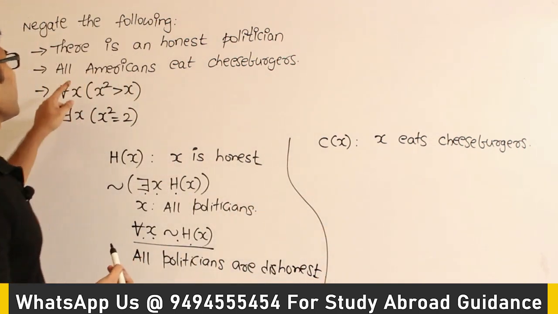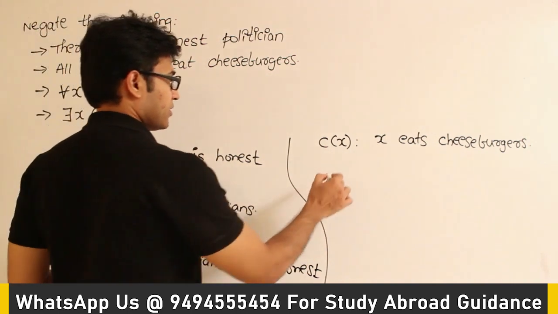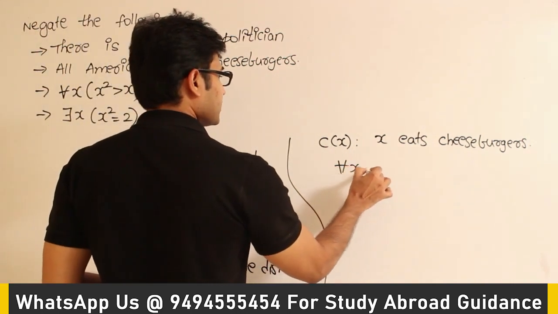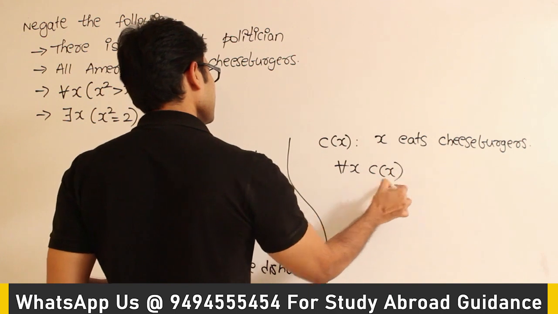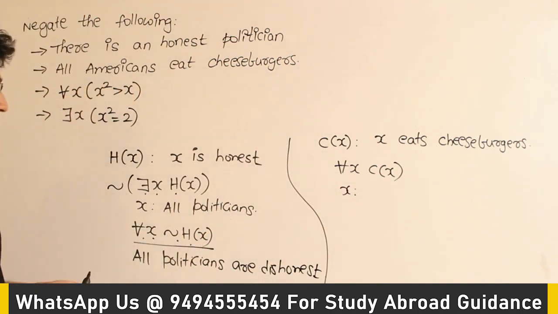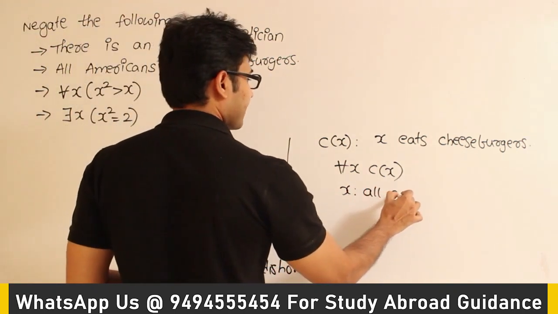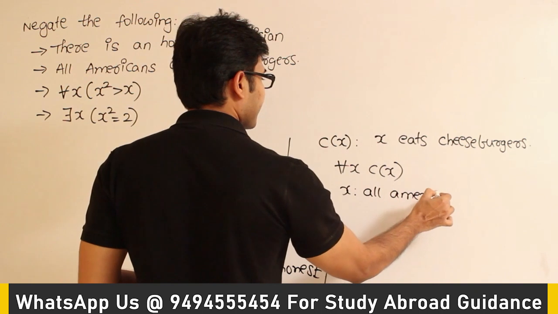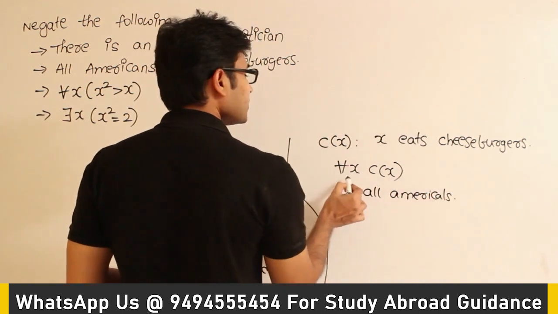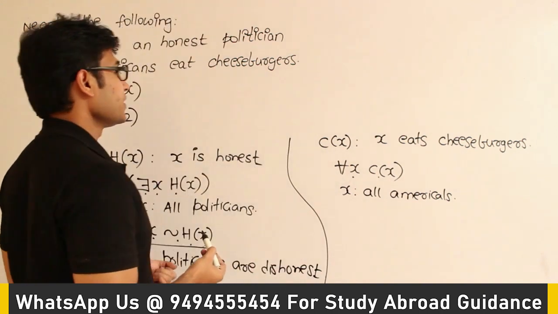Now all Americans eat cheeseburgers is nothing but for all x c of x, where the domain x is all Americans. So what does it mean? All Americans eat cheeseburger. That is the meaning of it.